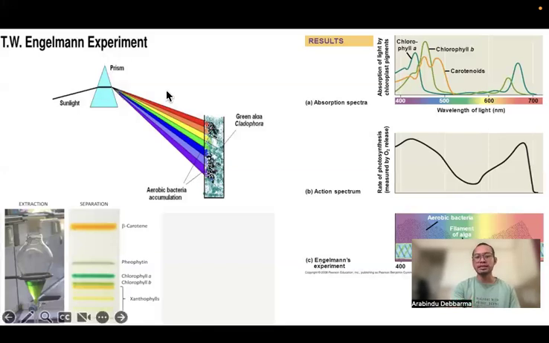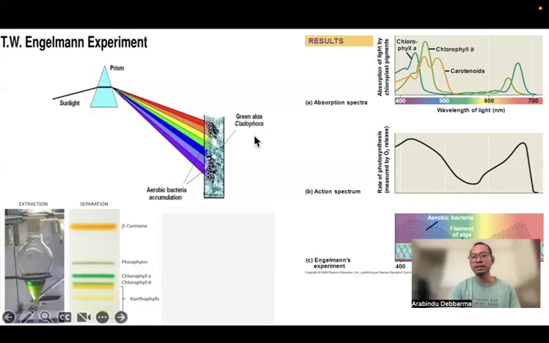According to this experiment, Engelmann found that most of the bacteria accumulated in the region that is red or near red, and blue or near blue. Hence he considered that red and blue light are the wavelengths most responsible for photosynthesis.